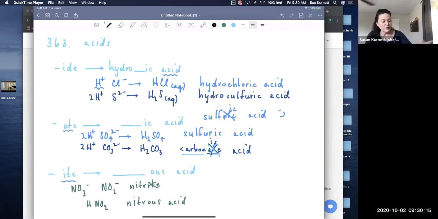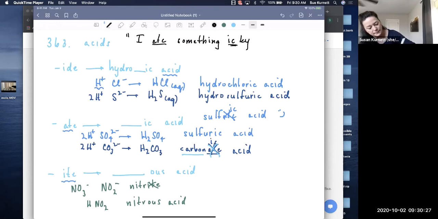And sometimes to remember these, we have silly mnemonics like I ate something icky at the White House.